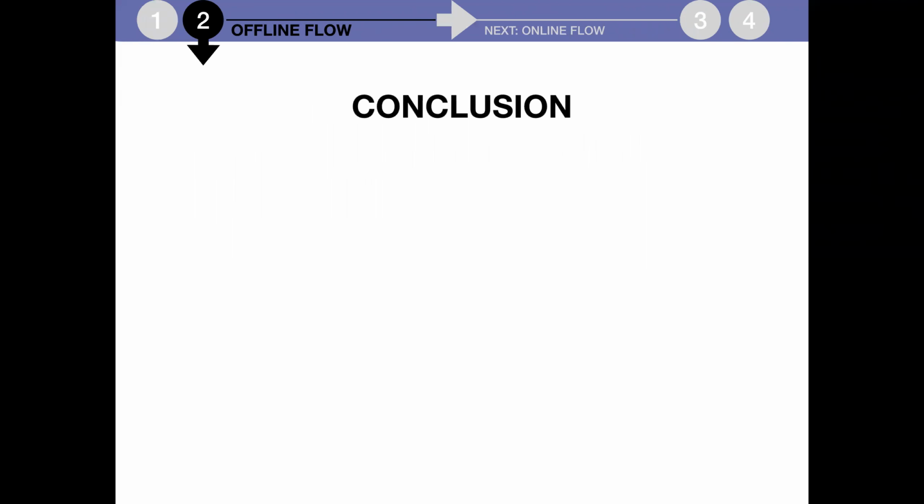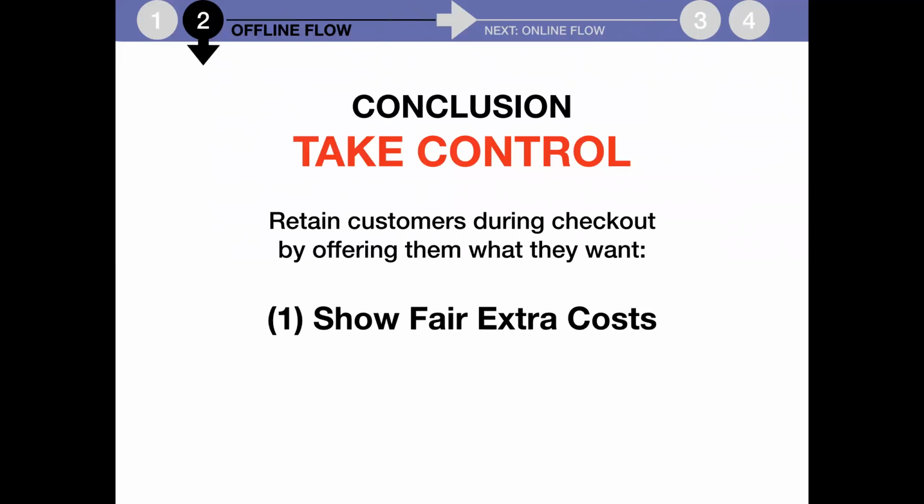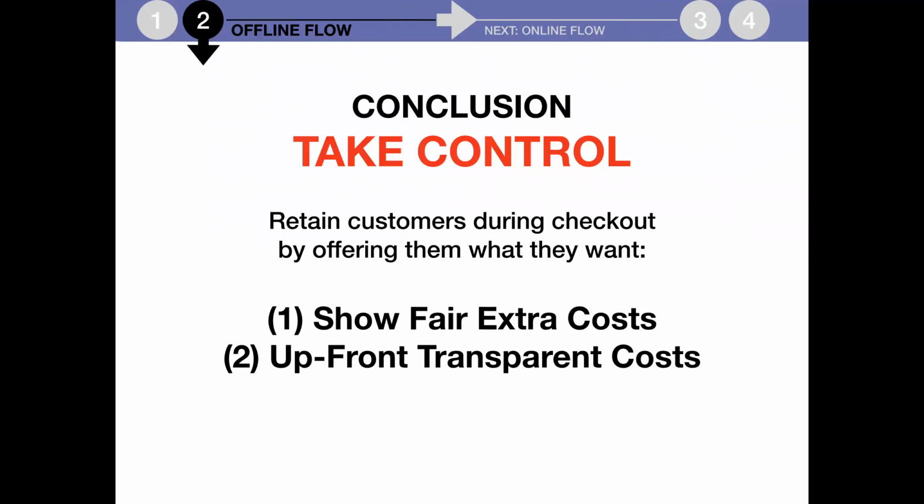We can jump to the conclusion that you need to take control by retaining customers during checkout. We need to offer them what they want to see, which is, in this case, fair extra costs and upfront transparent costs.